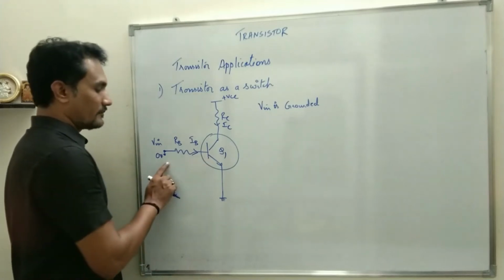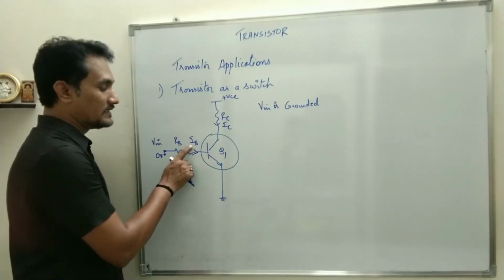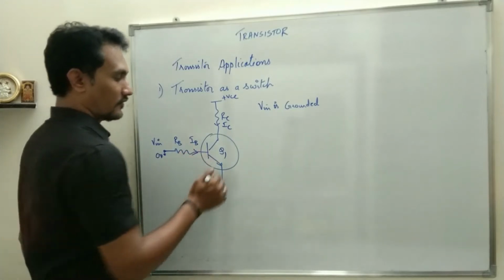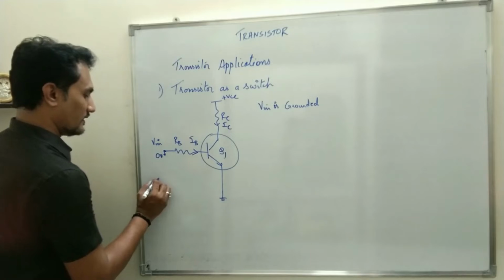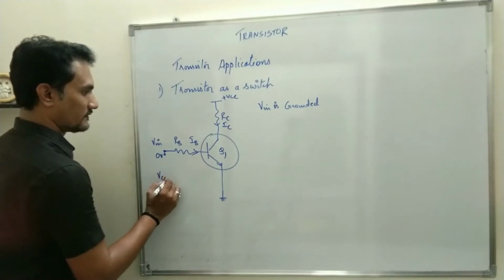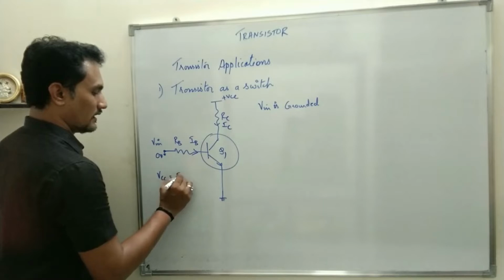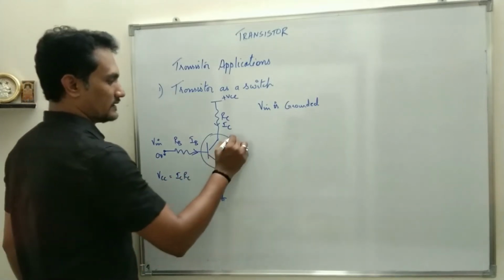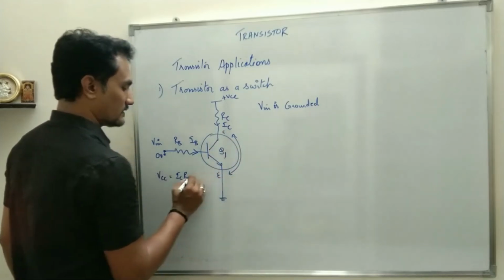So what happens is IB will be equal to 0, and when IB is equal to 0 for this transistor, the output voltage equation is given by VCC is equal to IC into RC plus VCE, this being the collector emitter junction.